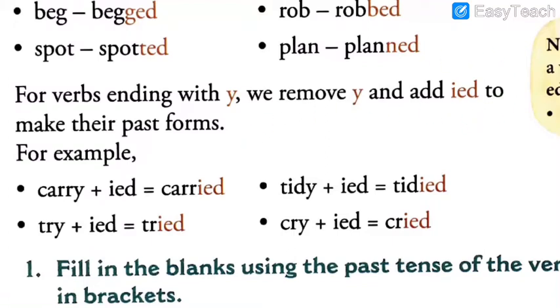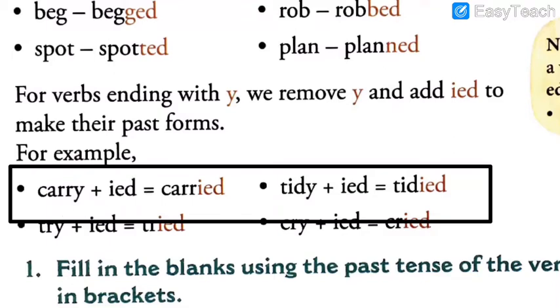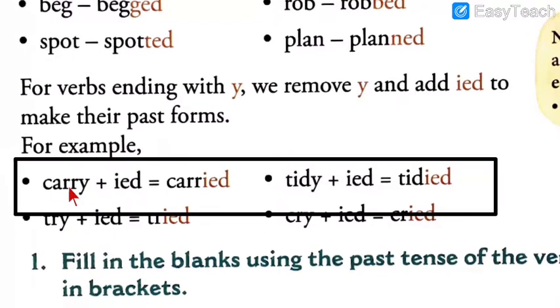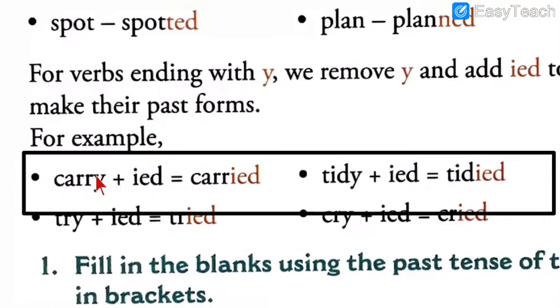Like when the train is at the station, the back part, the boxes, the other coaches are separated and other coaches are joined with the train. Similarly, here the word is carry. It ends with y. Now we have to remove this y and add ied.